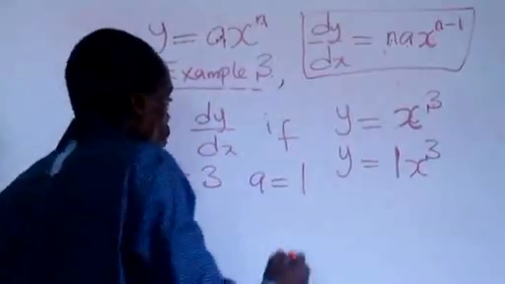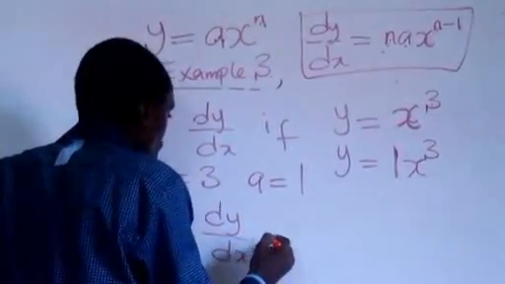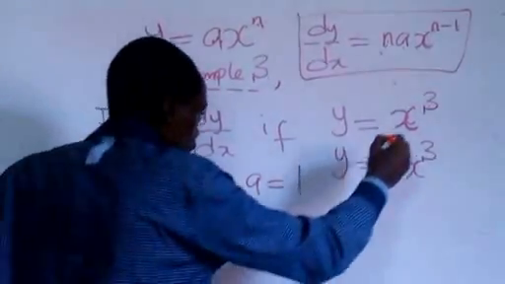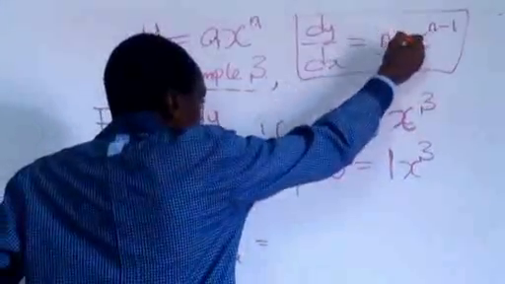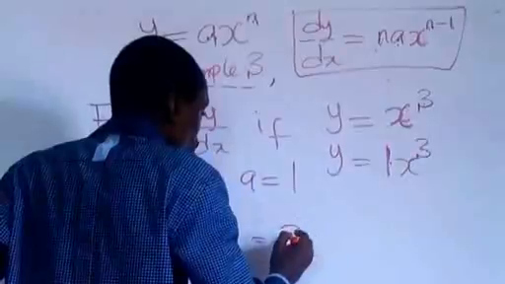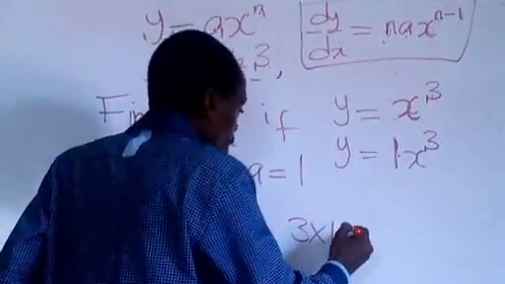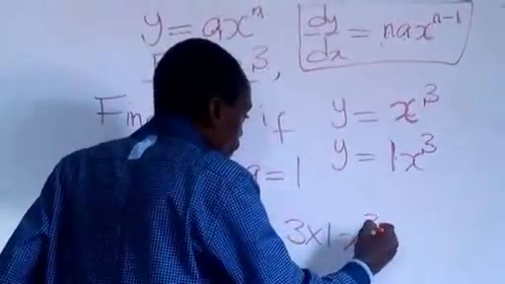We're going to have n times a. n is 3, a is 1. So that is going to be 3 times 1x raised to power 3 minus 1.